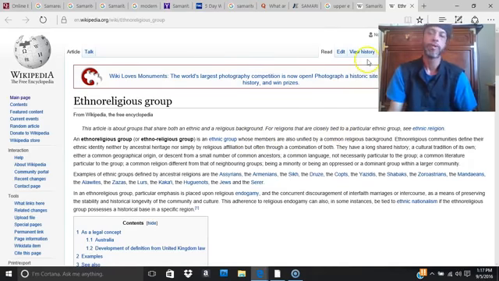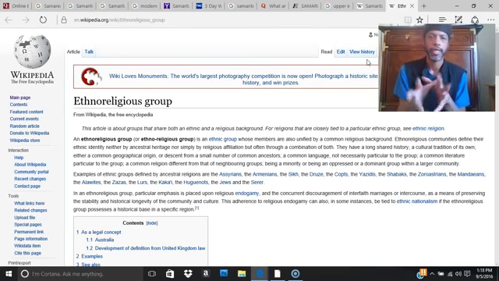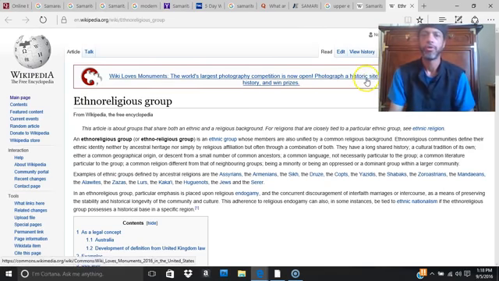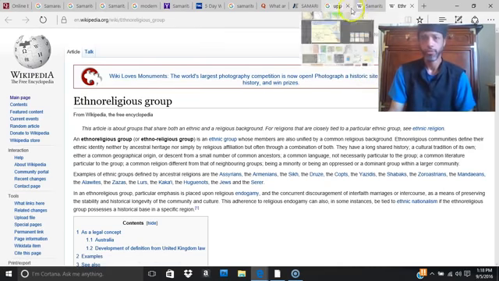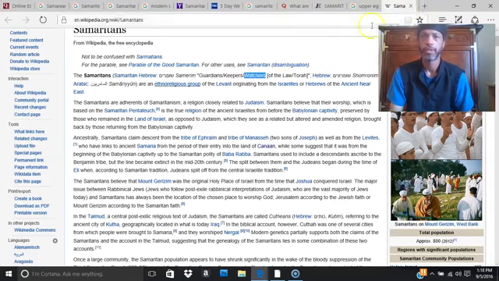So not only are they, see, this is how we are supposed to be, but we are scattered. Even here in America, we are scattered. So ethno-religious, whose members are also unified. So they're a people group, right? A nation.